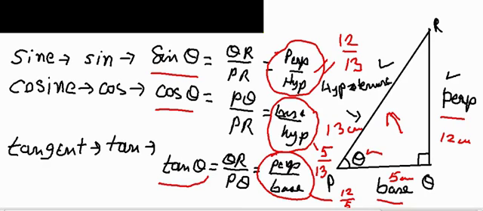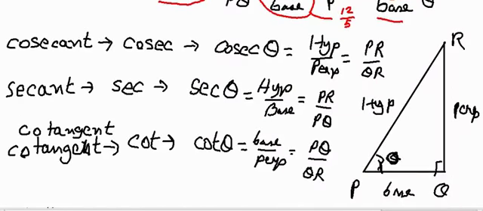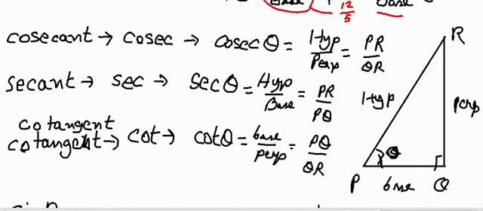And when you have these 3 ratios, we also studied the 3 other ratios in a triangle which we have to know: cosec theta, sec theta and cot theta. Cosec theta is just the opposite of sine theta. This is going to be hypotenuse by perpendicular. If you recall, sine theta was perpendicular by hypotenuse.